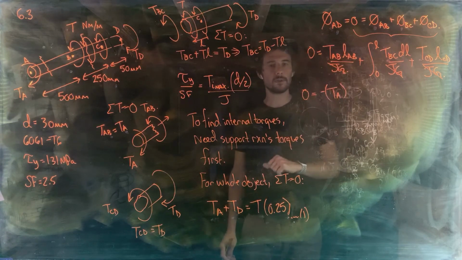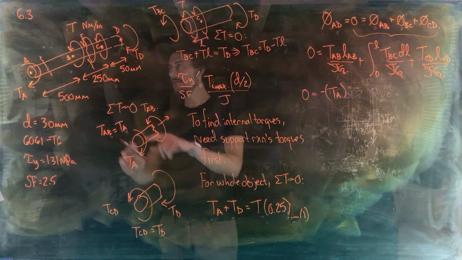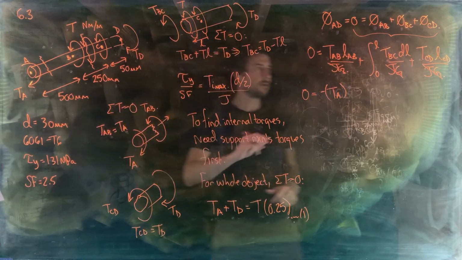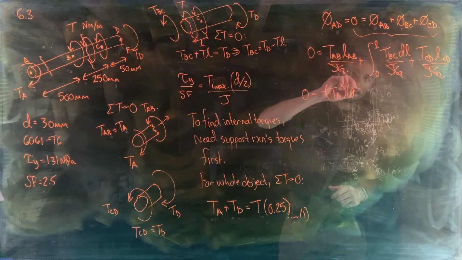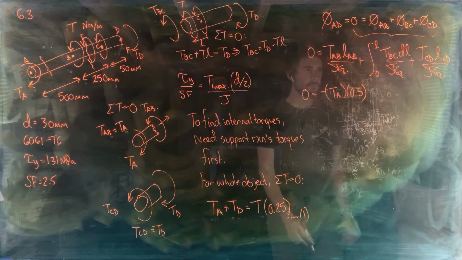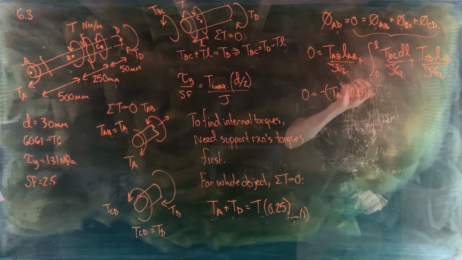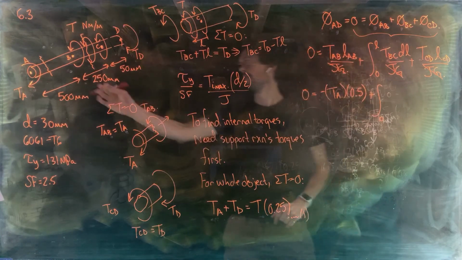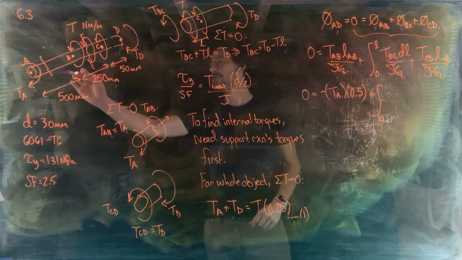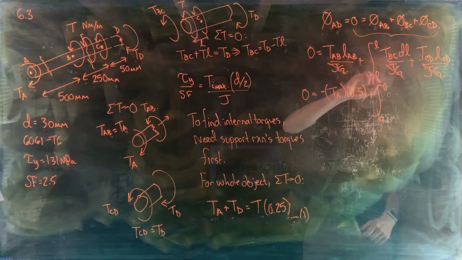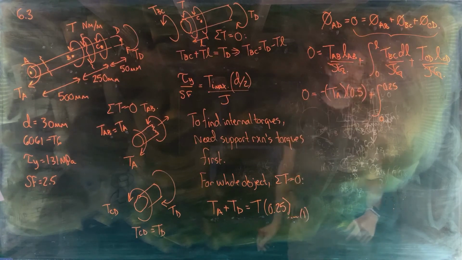Then we've got the length of segment AB. That's 500 millimeters, 0.5. Now we're adding on the integral. So we're integrating over the entire length of the distributed torque, which is 250 millimeters, 0.25 meters.